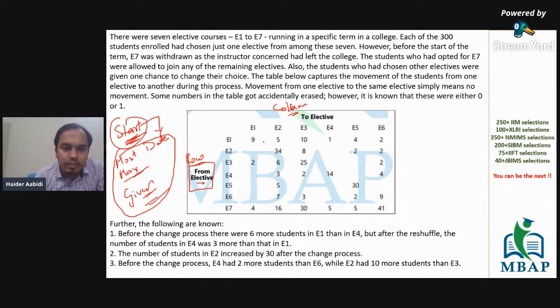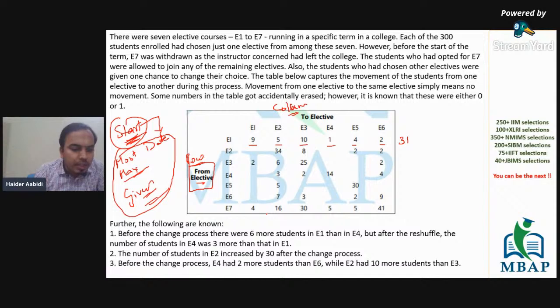So if I check this, 9 plus 5 is 14, 24, 25, and this 6 makes it 31. That means 31 people were in E1 before the shuffling.